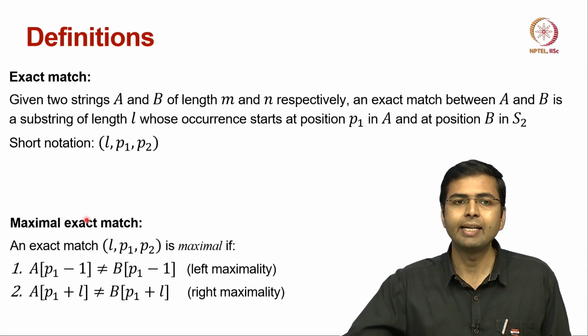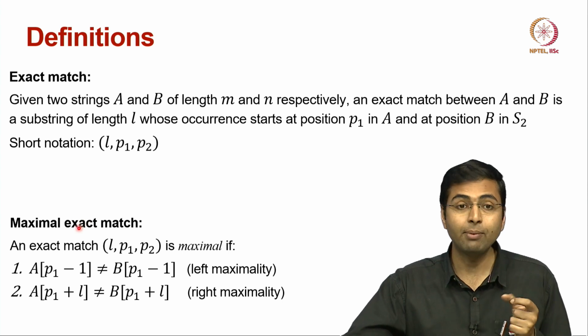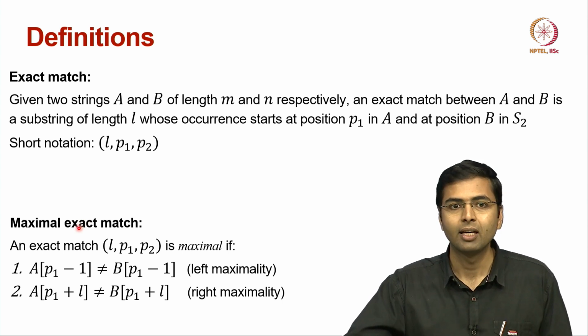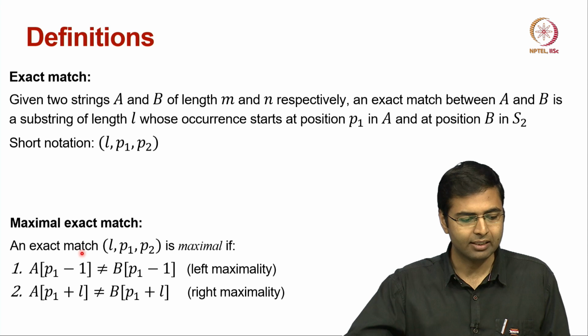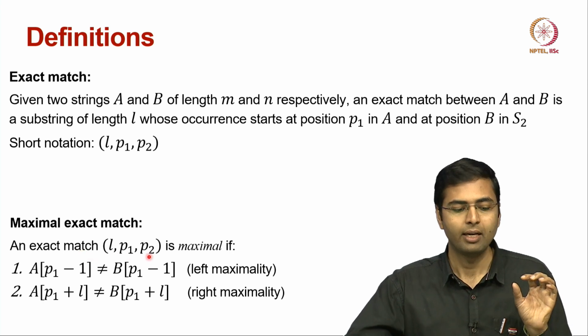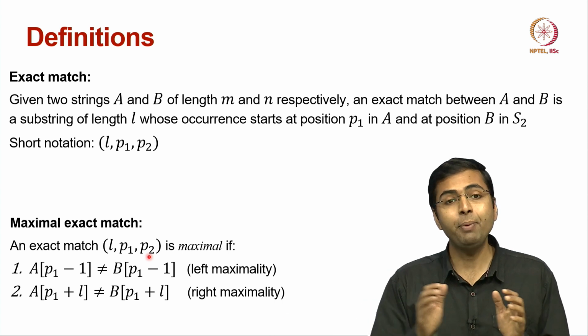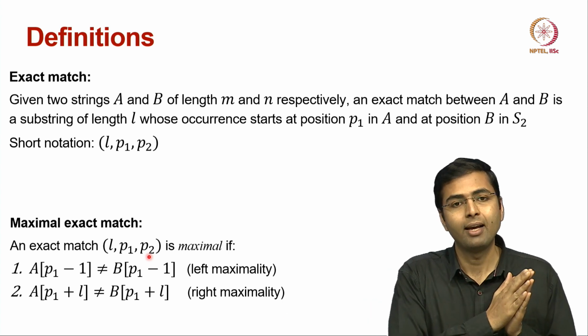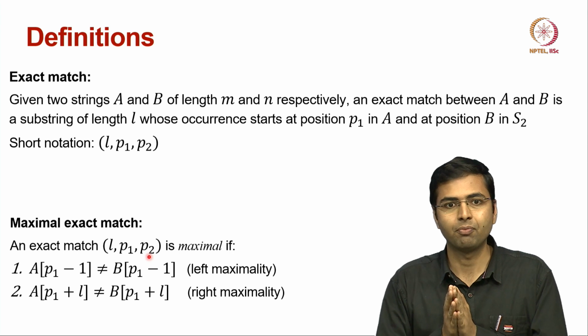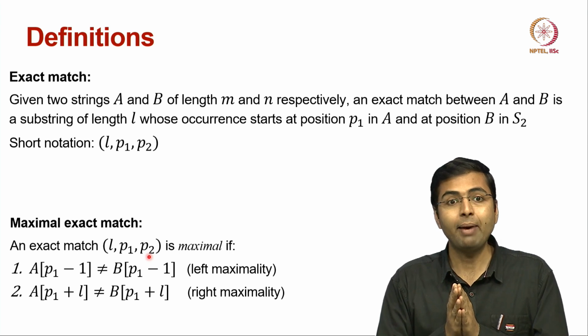Now the next definition that I want to give is maximal exact match. An exact match L, P1, P2 is maximal if it cannot be extended towards the left as well as towards the right. What do I mean by that?